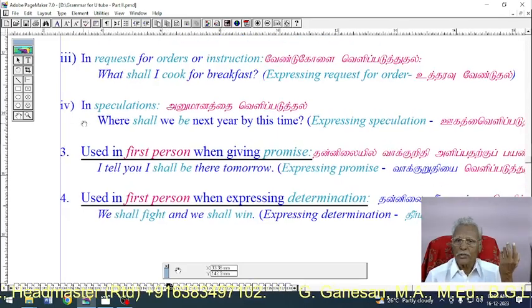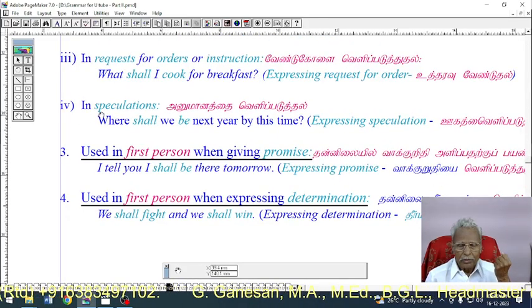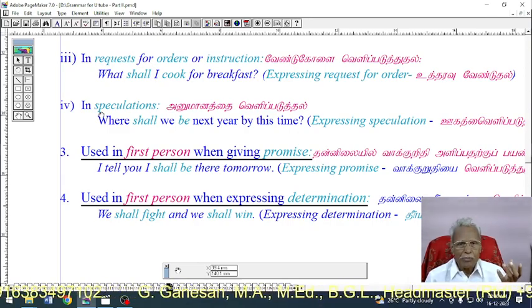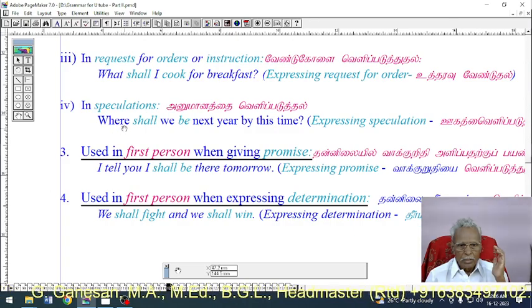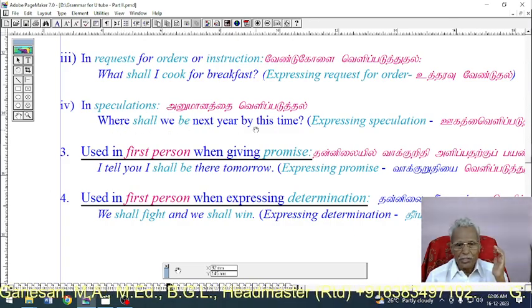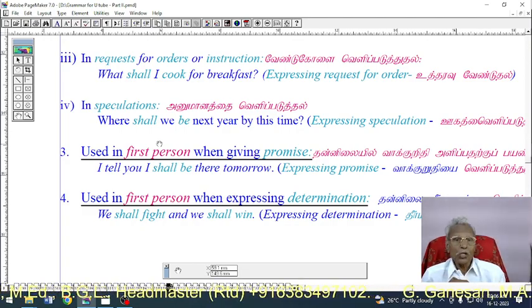Then the fourth use is in speculations, that is, in assumptions, in the first person. Where shall we be next year by this time? It is the speculation.